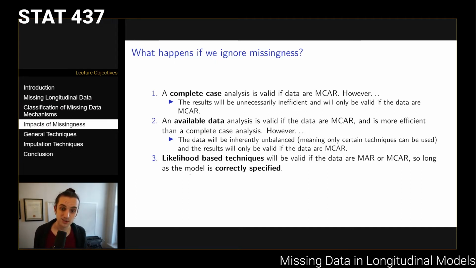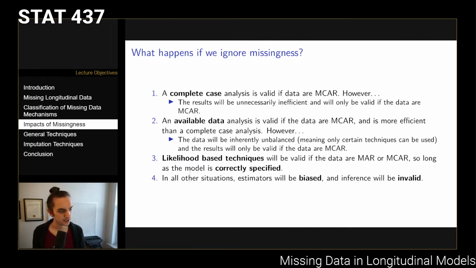But if we were thinking about something like the generalized estimating equations, that's not going to have that sort of resilience to missingness, okay? So in all other situations other than those listed here, for the sake of our course, they're going to be biased and unreliable, right? If you have any missingness that's not missing at random, then already you have an unreliable analysis.